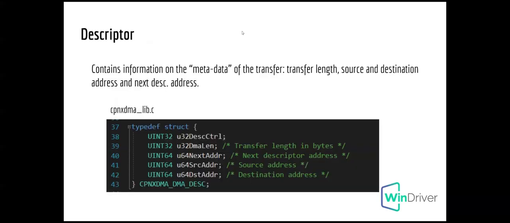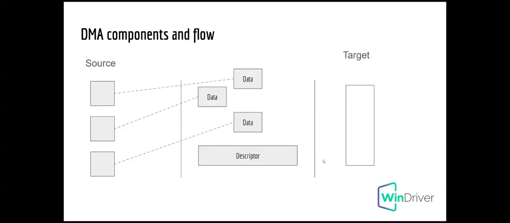The descriptor contains metadata of the transfer: the transfer length, the source and destination address, and the next descriptor address. Here we can see the struct that holds the info that the descriptor contains. Essentially, it holds the information regarding the data buffers and the next descriptor address. The descriptor is contiguous memory that is allocated and locked.